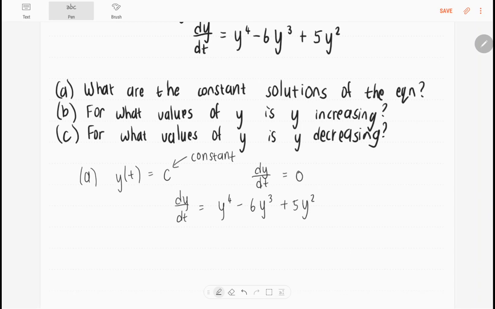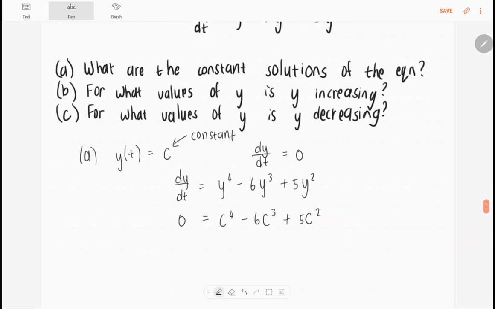So now I'm going to substitute 0 into the derivative's place and c into everywhere where I have a y, and then I'm going to solve that. So I'm just going to take out a common factor of c squared. So then I have c squared minus 6c plus 5.